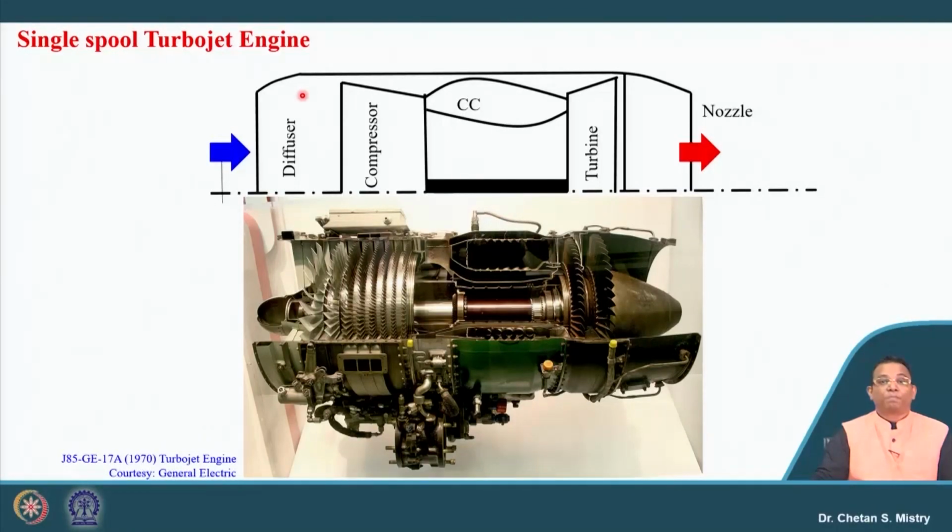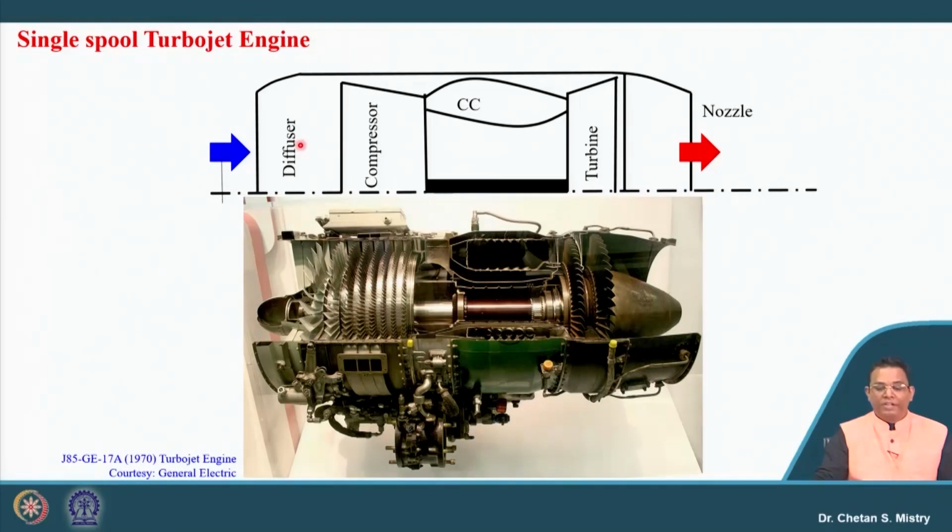With that speed, at the face of my compressor we are looking for our flow to be slow, meaning the Mach number needs to be in the range of 0.4 to 0.6. That is the reason why we have this diffusing passage.